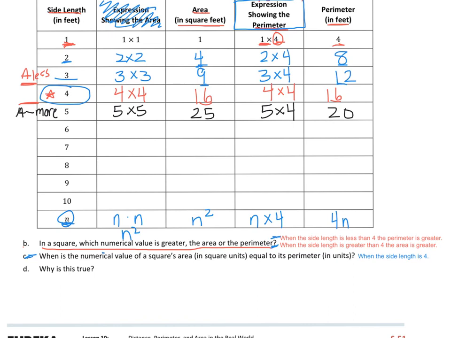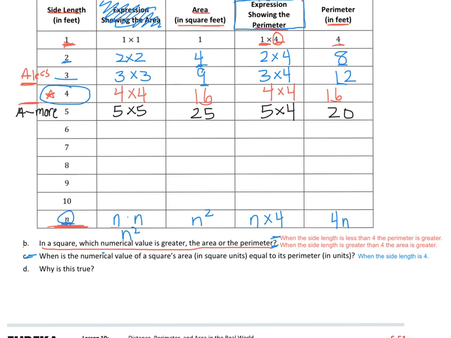And there's my statement there, when the side length is 4. Now, why is this true? There's a couple reasons for it, and we can really look down at the last part that we filled in with n. And we're asking, why is it true that it's at 4 when the square's area and perimeter are equal? So it's based on C. Why is that the case?